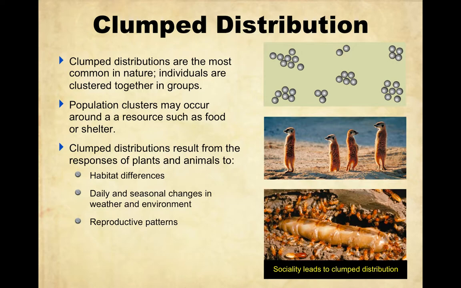It also moves around reproductive patterns, okay? If it makes sense for them to be more social, then the reproductive patterns demonstrate that social nature of the organism, which allows for clump distribution. And when there's clump distribution, because the organisms are closer to each other, they tend to have more social behavior.